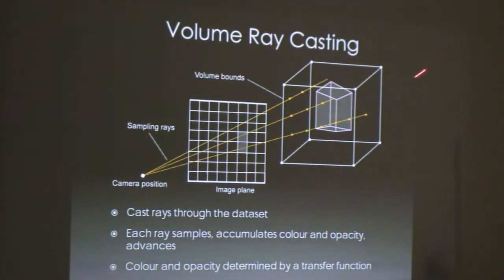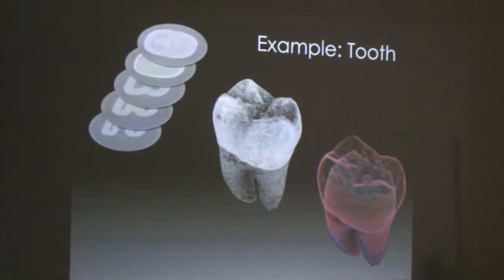And basically, you would sample something like 100 or even 500 times per ray, which might mean that you end up with billions of samples per second. So it's not a difficult process, but it's a computationally intensive process.